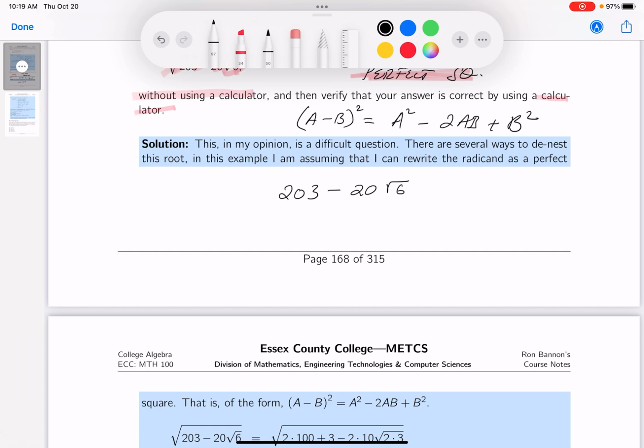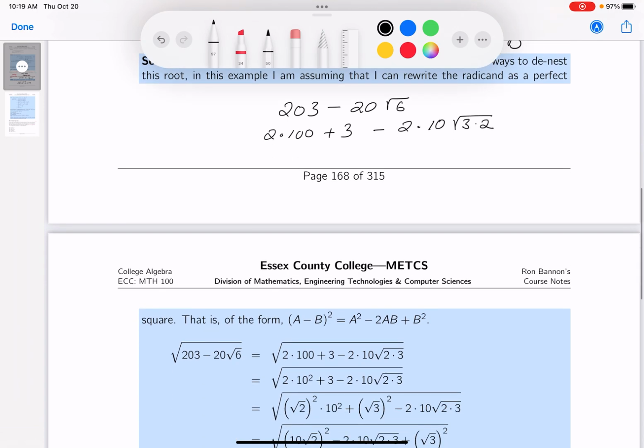I'm going to say this is 2 times 100 plus 3. That's not so bad, right? And then I'm going to write this as minus 2 times 10 root 3 times 2. All right, let's keep looking at it.